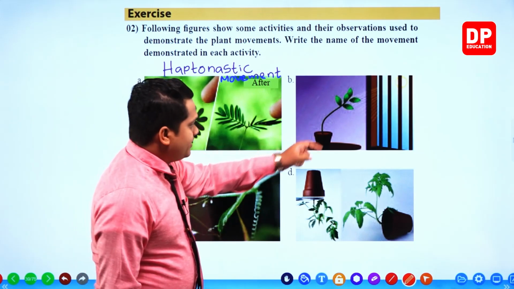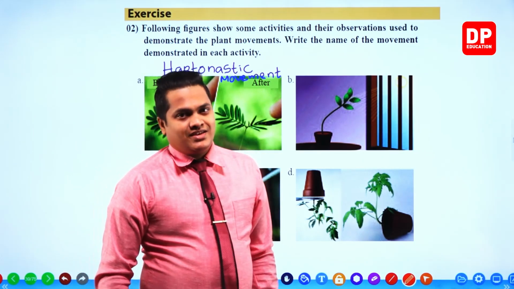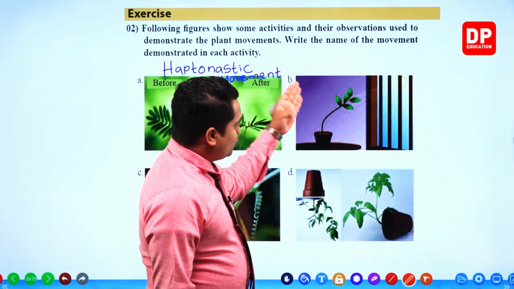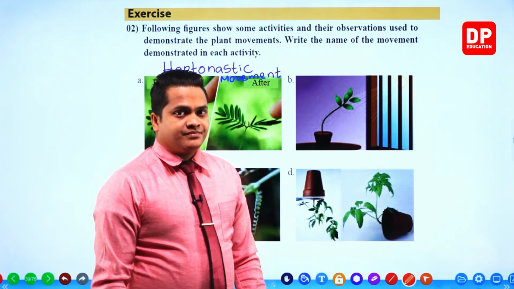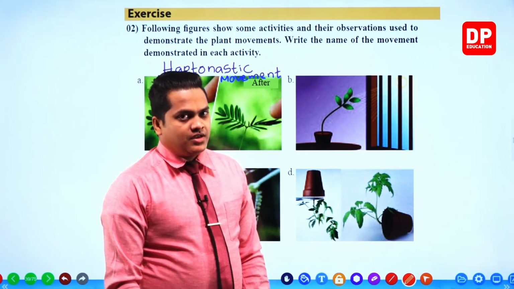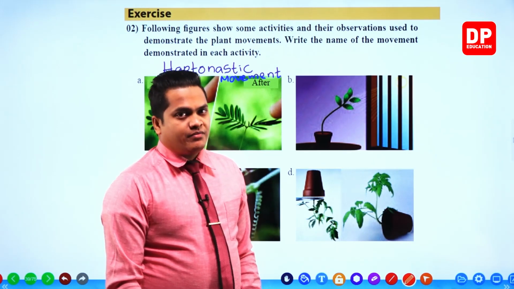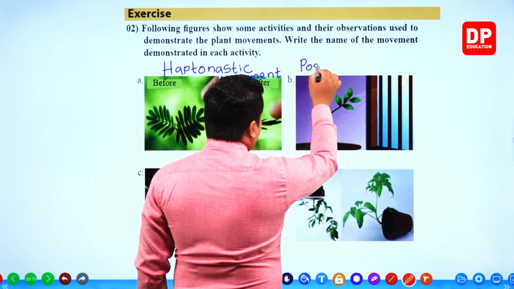Number 2. In the second figure, you can observe the same thing which we discussed in the earlier case. The shoot of the stem is bending towards the sunlight.